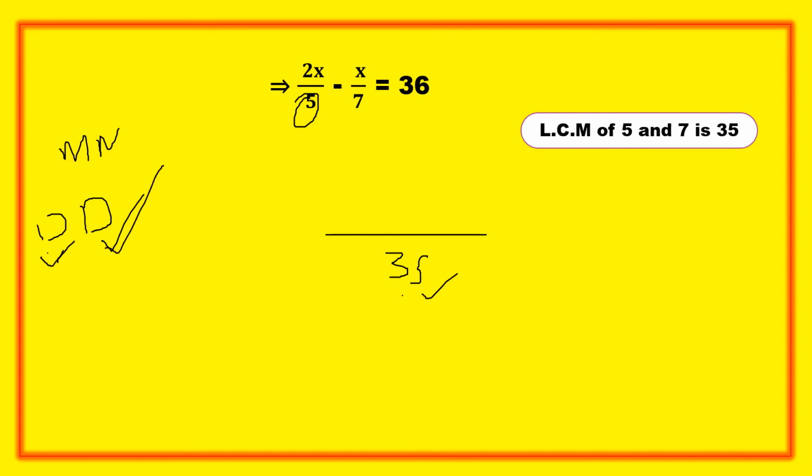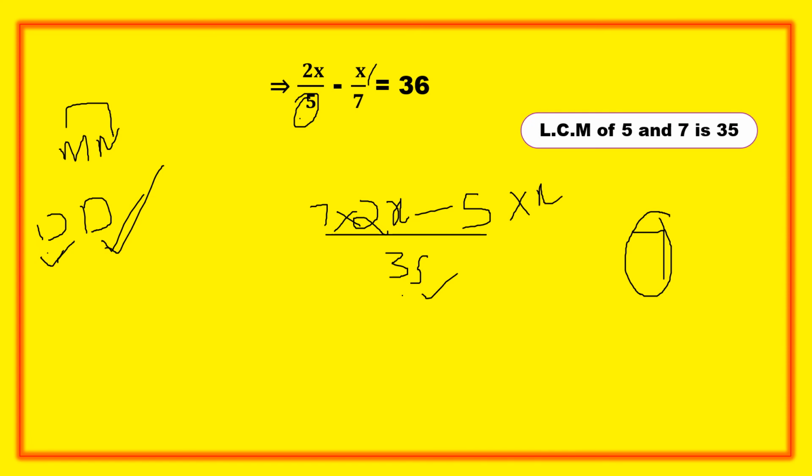So when you divide, you will get 5 sevens 35. Whatever quotient you got should be multiplied to the numerator. So what is our numerator? 2x. So I'll multiply this 7 with 2x. Now in between we have a minus symbol, so put the minus symbol. Now 7 into 5 makes 35, so we get 5. So 5 into our numerator x.